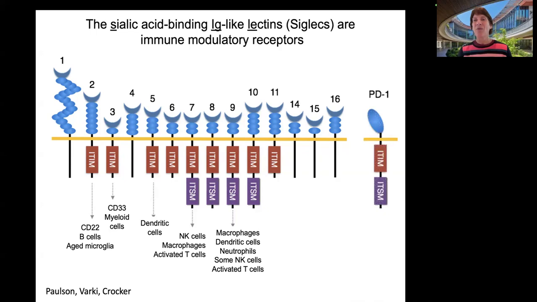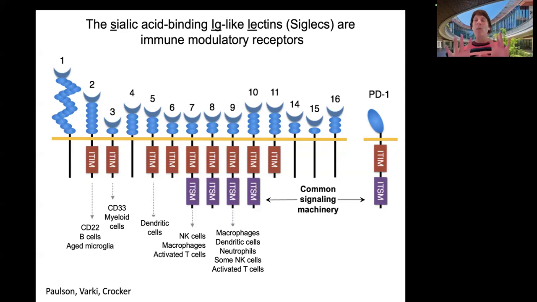And so this is what kind of triggered our imagination here, because when we looked at these motifs, these purple bricks and red bricks on the inside-the-cell part of the Siglec receptors, we realized that that's very similar to what you find inside the cell in that checkpoint receptor PD-1 that people had been targeting with blocking monoclonal antibodies as drugs, and that had worked for less than half of the cancer patients.